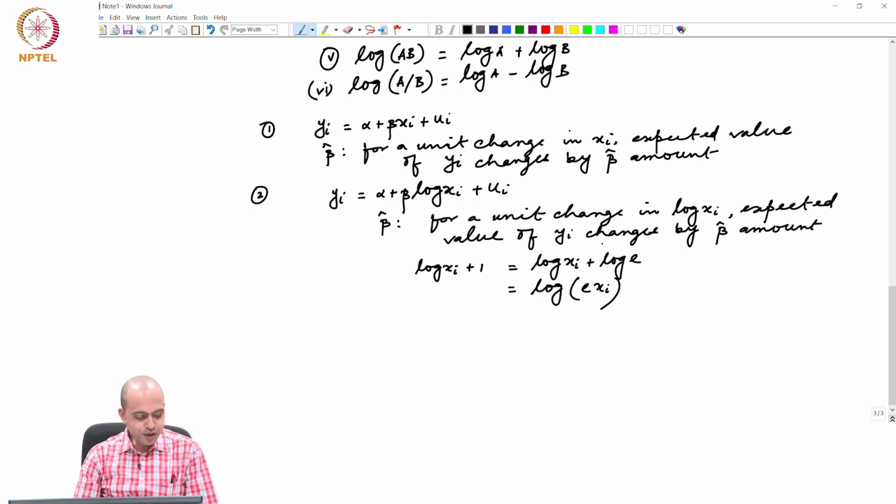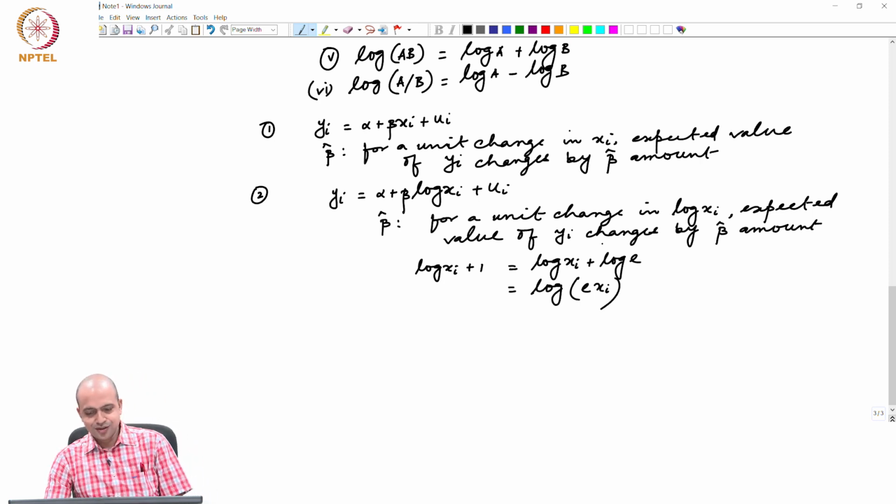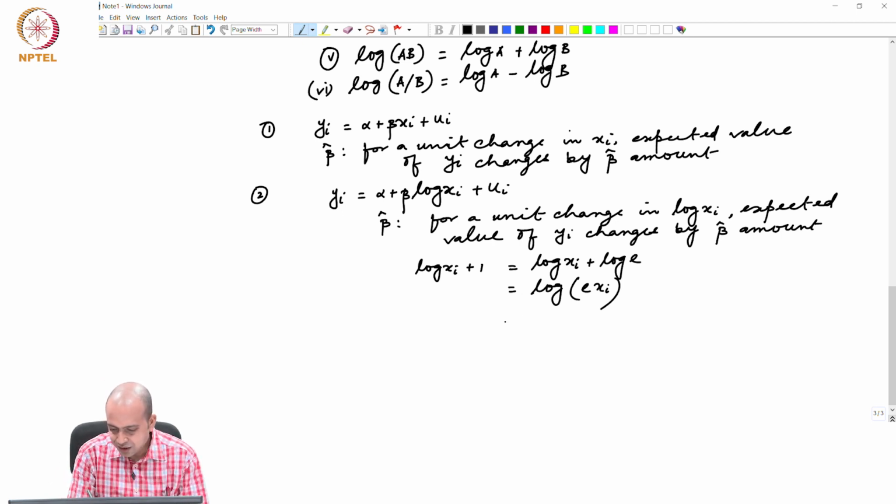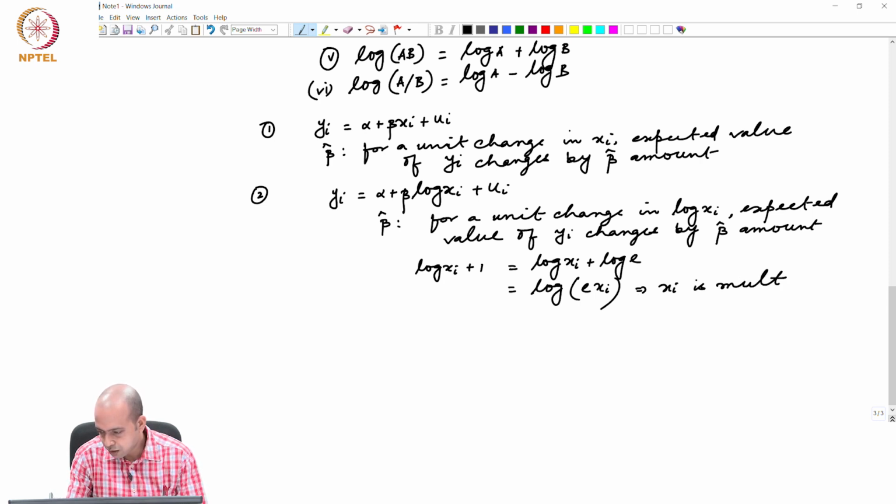So when log xi is increased by 1 unit, that means x is multiplied by e, which is equal to 2.72.